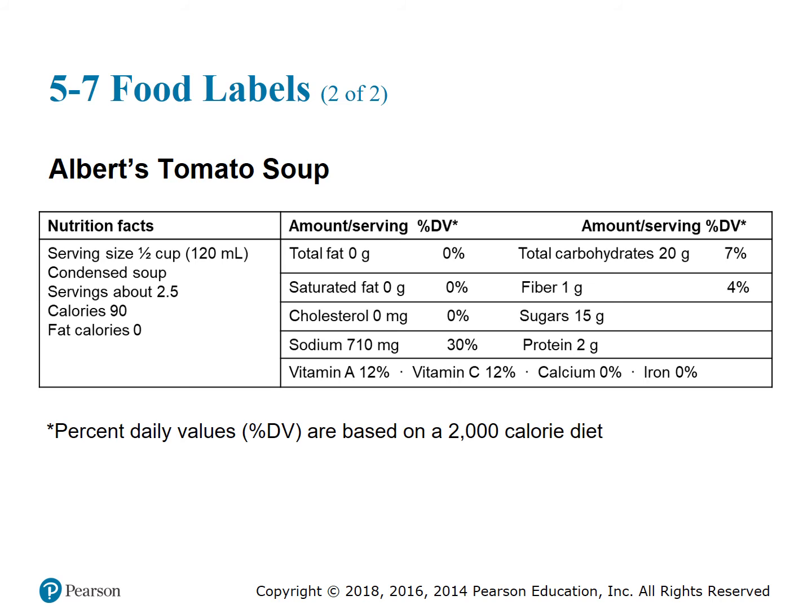So here's our food label. It's some tomato soup that we're looking at. So again, knowing how to read these labels is important, both professionally and personally, and it's not out of the scope of the surgical technologist's practice. Let's say that you're working in labor and delivery.